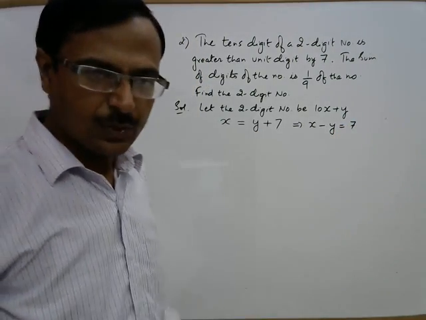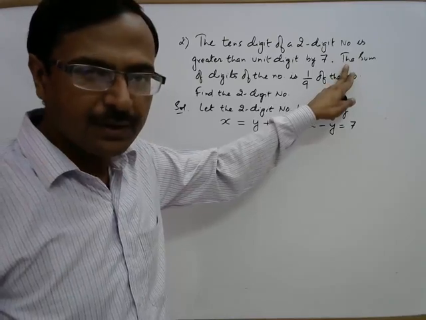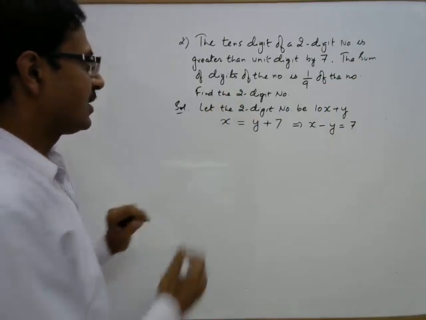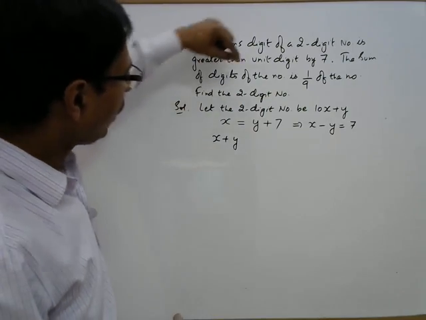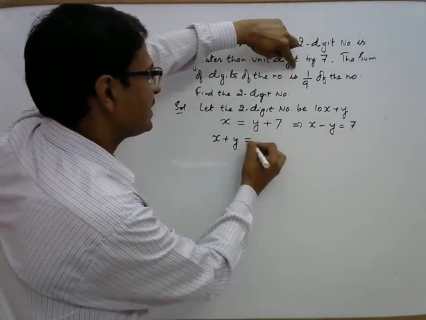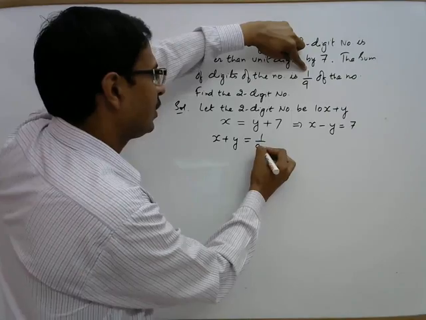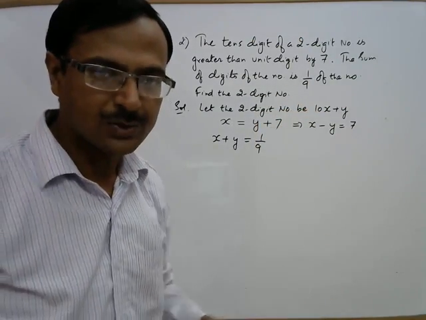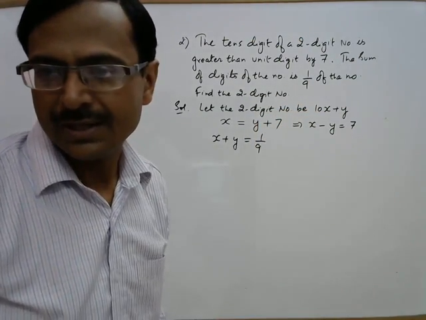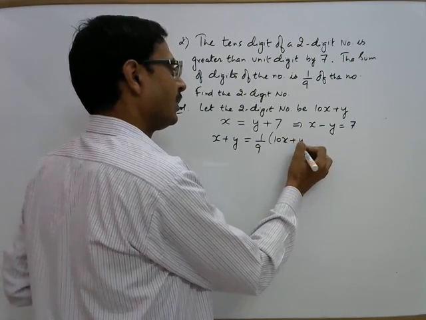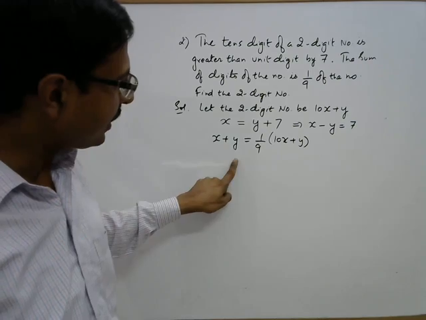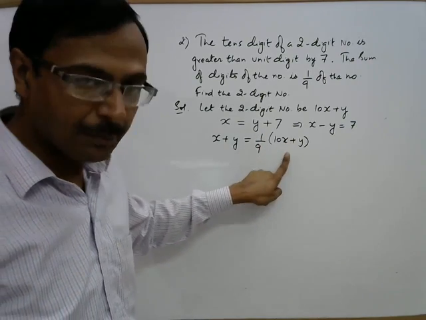So the first equation becomes x minus y equal to 7. Now come to the second equation. The sum of digits, you remember the sum of digits is x plus y, of the number is equal to 1 by 9 of the number. What number have we assumed? The number is 10x plus y. So the sum of digits of the number is 1 by 9 of the number.